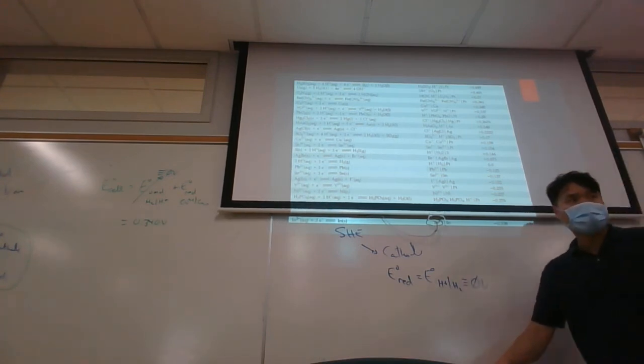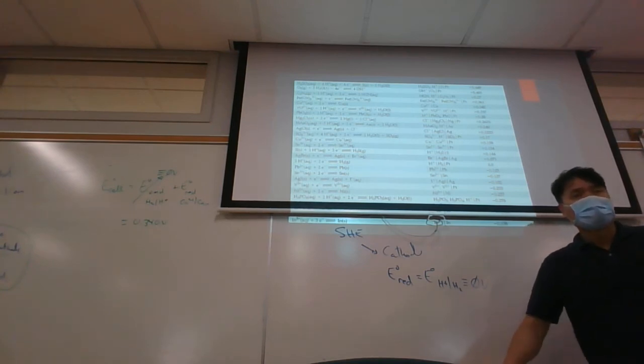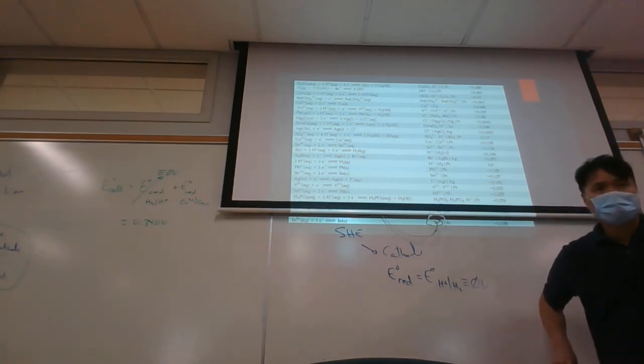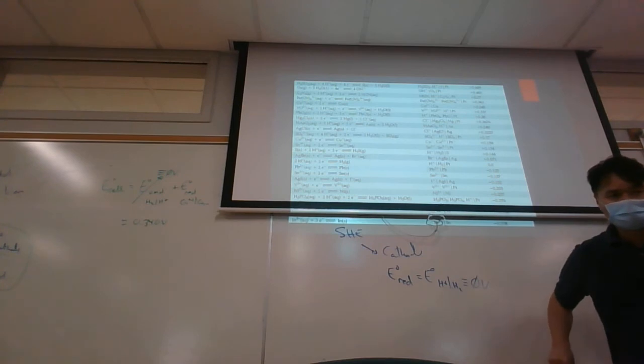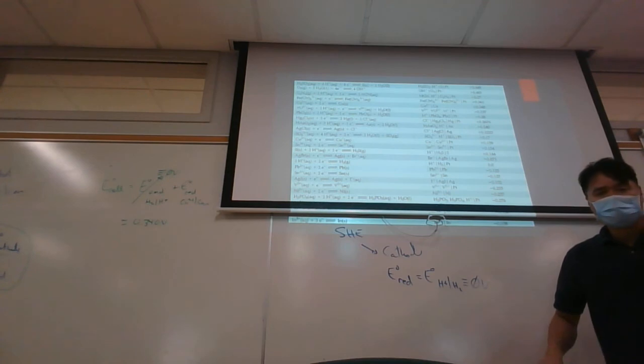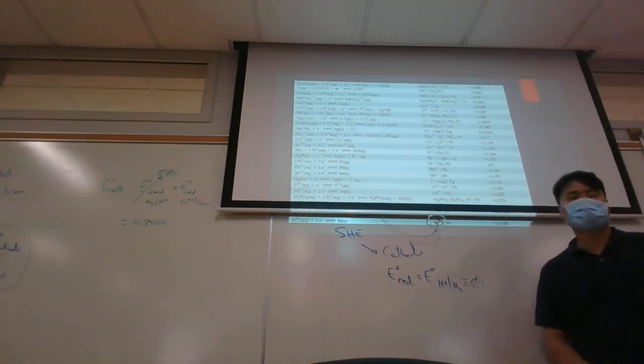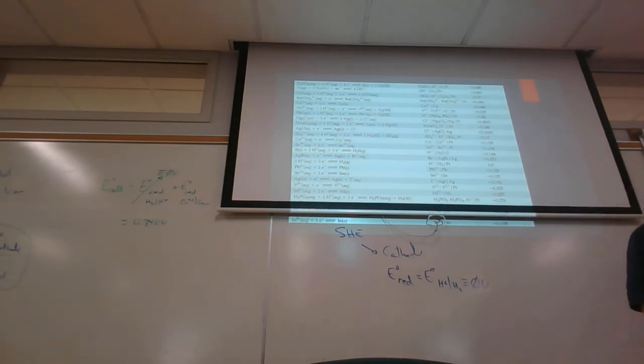Standard hydrogen electrode. And then, so instead of trying to measure the energy of our copper zinc cell, what we're doing is making a copper and platinum for hydrogen cell and a zinc platinum hydrogen cell, and then adding them together. Yeah, that's basically it.